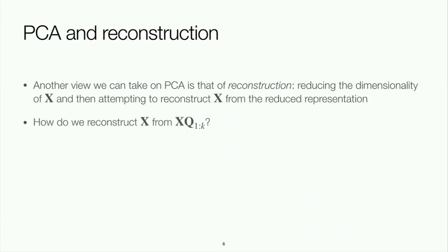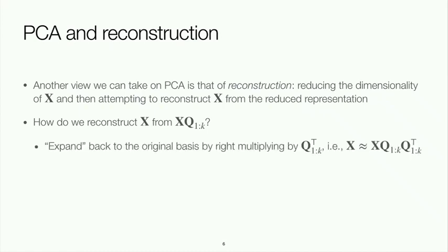So let's talk in a little bit of detail about what it actually looks like to reconstruct x from this reduced representation of x, q_1 through k. Well, there's a very simple answer when we're looking at these linear projections with orthogonal matrices. You basically expand back into your original basis by right multiplying by the transpose of q_1 through k. So q_1 through k is a d by k matrix. q_1 through k transpose is a k by d matrix, right?